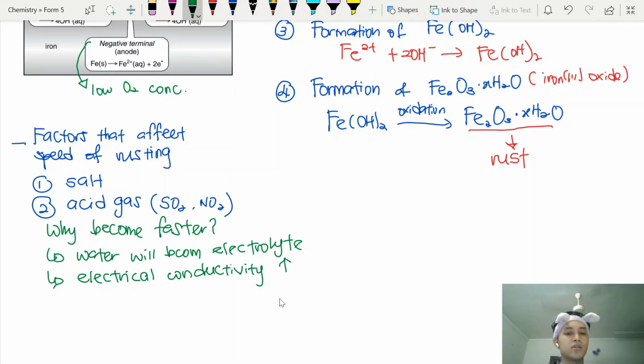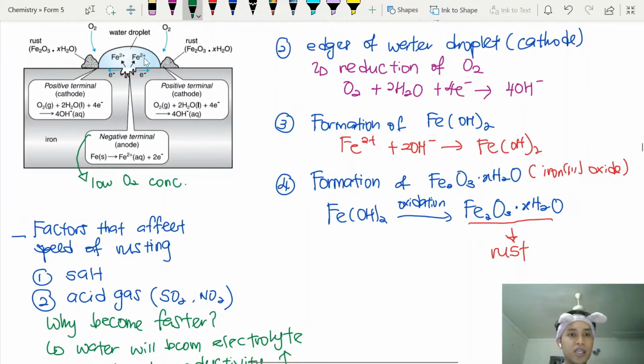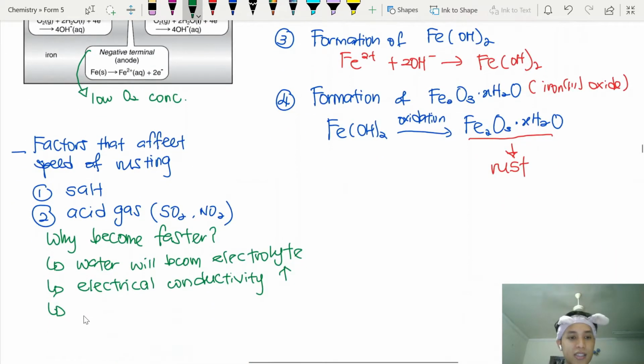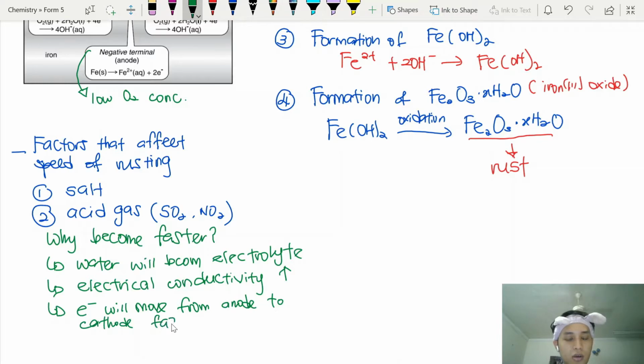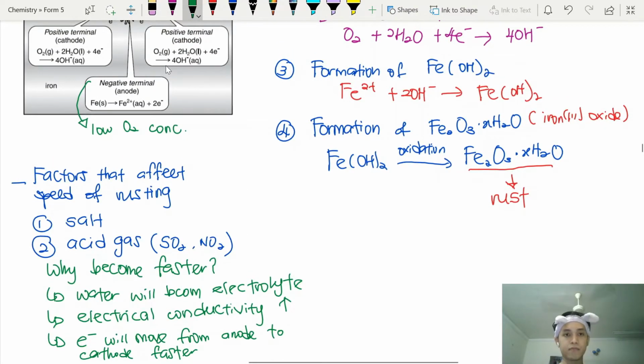If your electrical conductivity increases, meaning your electron transfer, your movement of electrons from anode to cathode, is also faster. Electrons will move from anode to cathode faster. So if your electrons are moving faster, meaning your chemical reaction is happening faster. The redox reaction here is happening faster. That is why the rusting will be even faster.